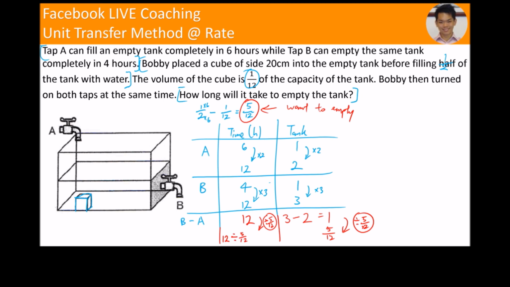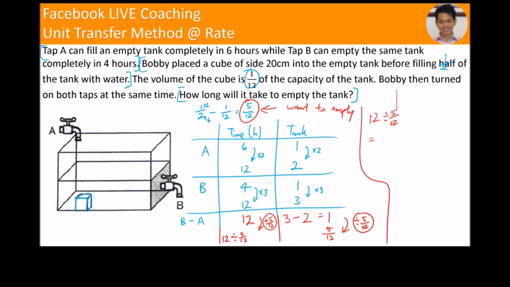Let me do the working here because I don't really have space already. Wait, no, this is not divided by 5 out of 12. Sorry about that.